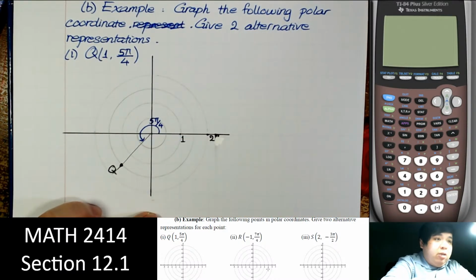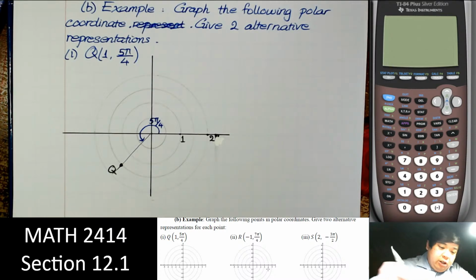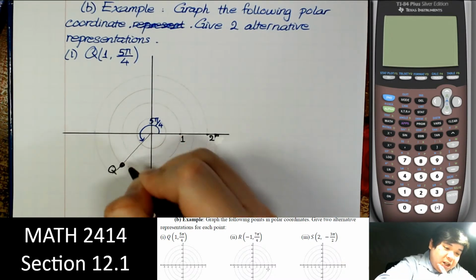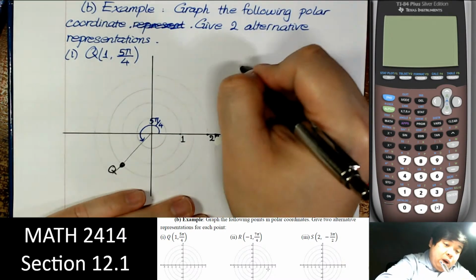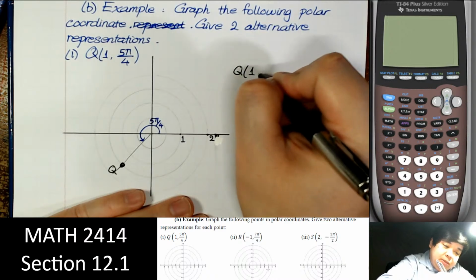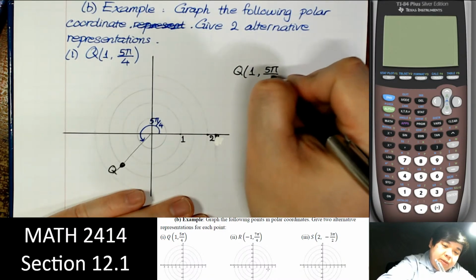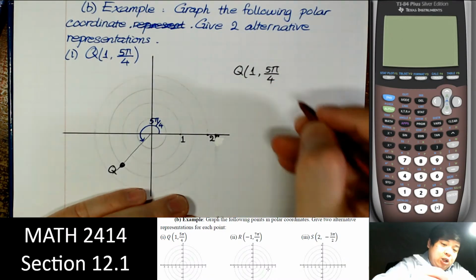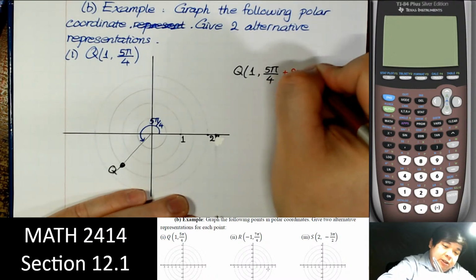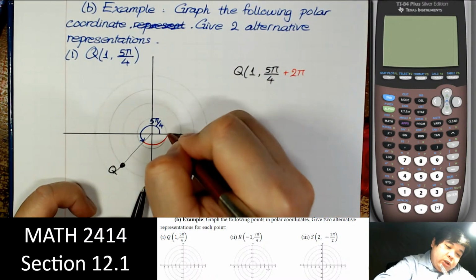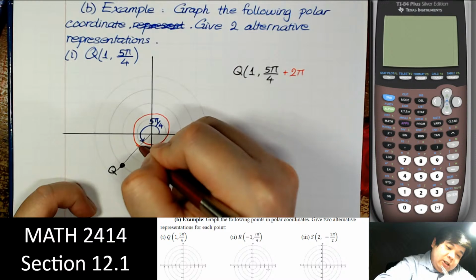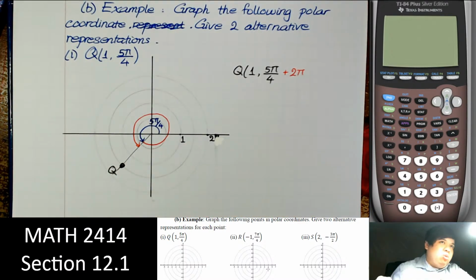Right, now let's draw two more representations of the same point. So first what we can do is, if we add 2 pi to it, we go one extra revolution, we still get back to the same point, which is fine.